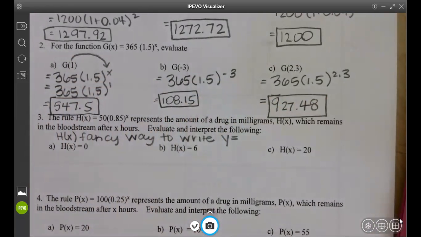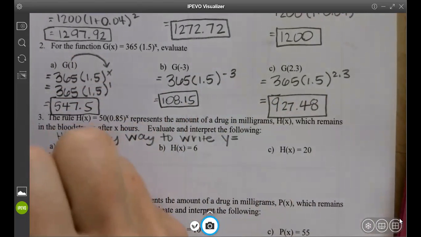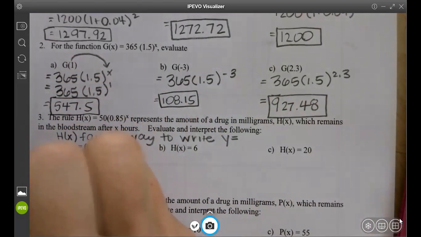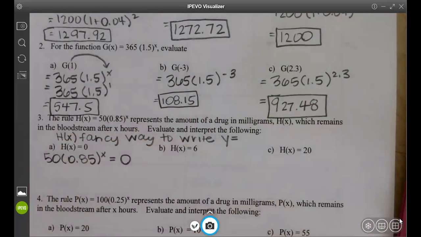So all you do is set the h of x that they give you, our equation that they gave us, 50 times 0.85 to the x, equal to 0. On the second one, you set it equal to 6, and on the third one, equal to 20. Now, we don't know how to solve exponentials. That won't happen until math 3, but we can use our calculator. So anytime they ask you to solve these, you're going to be using your calculator.